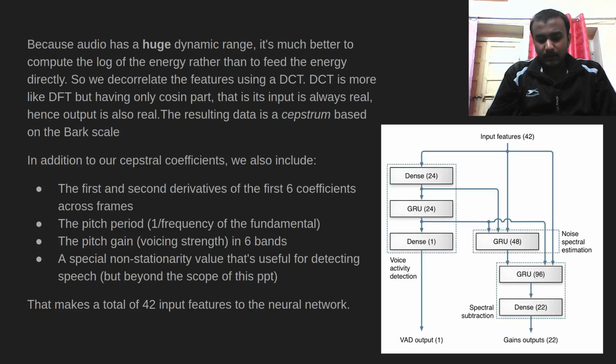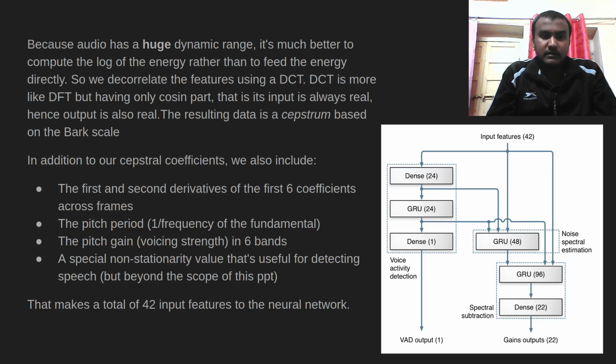So here I show the structure of the model that we use in one mic adaptive noise cancellation. Because audio has a huge dynamic range, it's much better to compute the log of energy rather than to feed the energy directly. So we decorrelate the features using DCT.